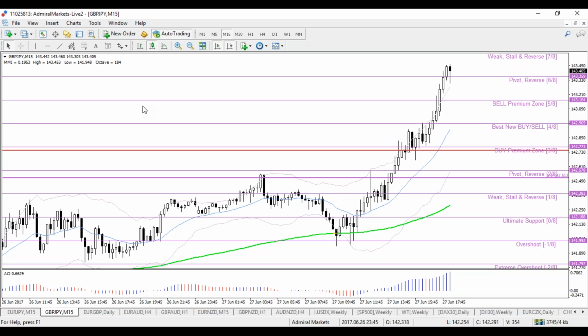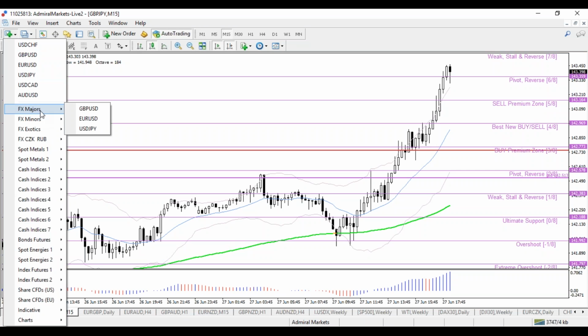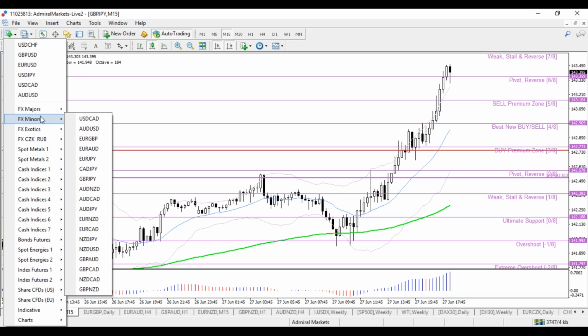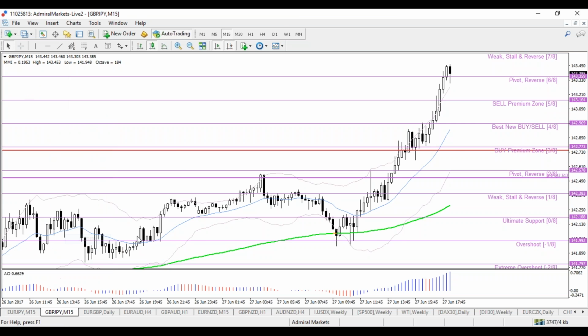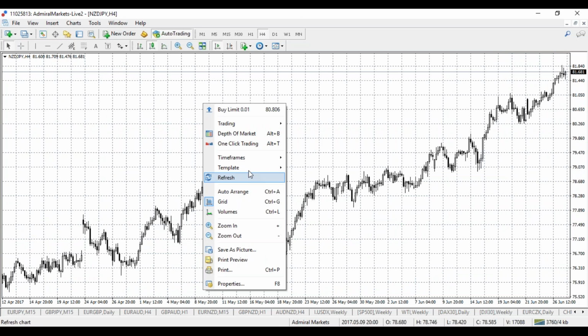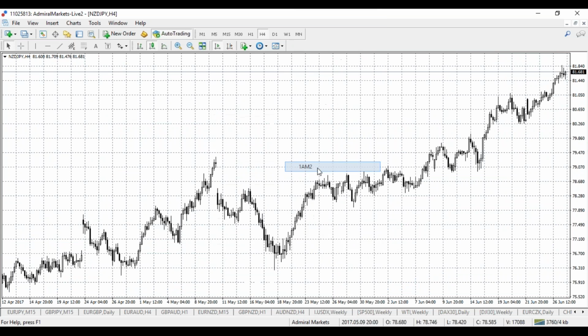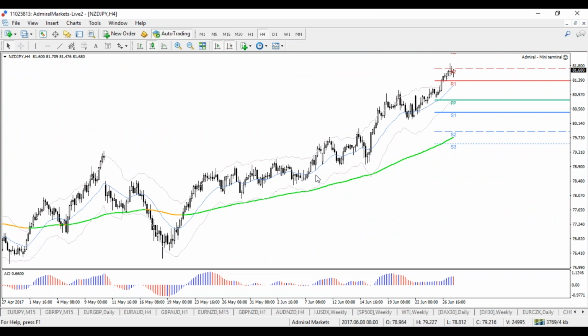Let's take a look at the New Zealand yen. Alrighty, here we see New Zealand yen, and we see that upside is prevalent at this moment.